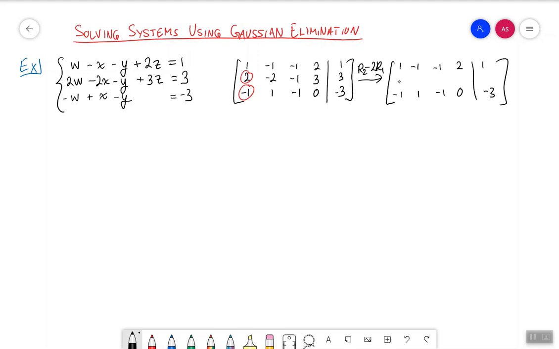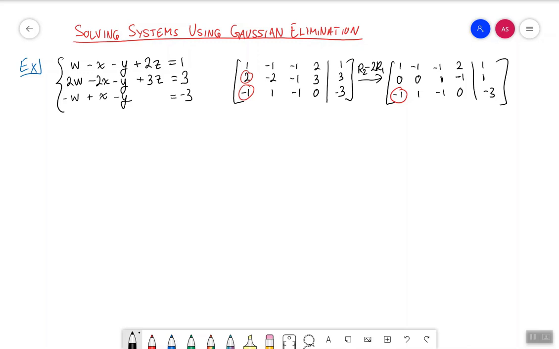The second row becomes 0 here, and now we have a -2 plus 2 is 0 here, and then I have a -1 plus 2 is a 1 here, and 3 minus 4 is a -1 here, and here we have a 3 minus 2 is a +1 here. Okay, so we have a 0 over here, so now we need to get rid of this -1.